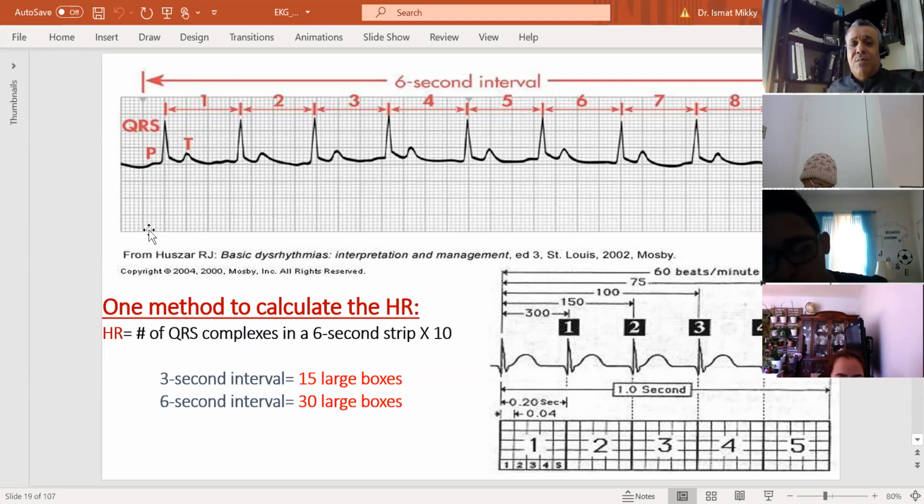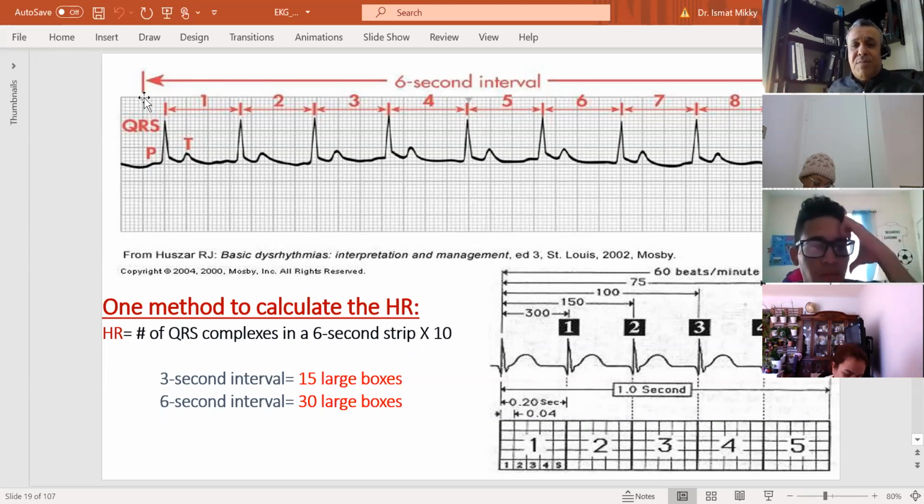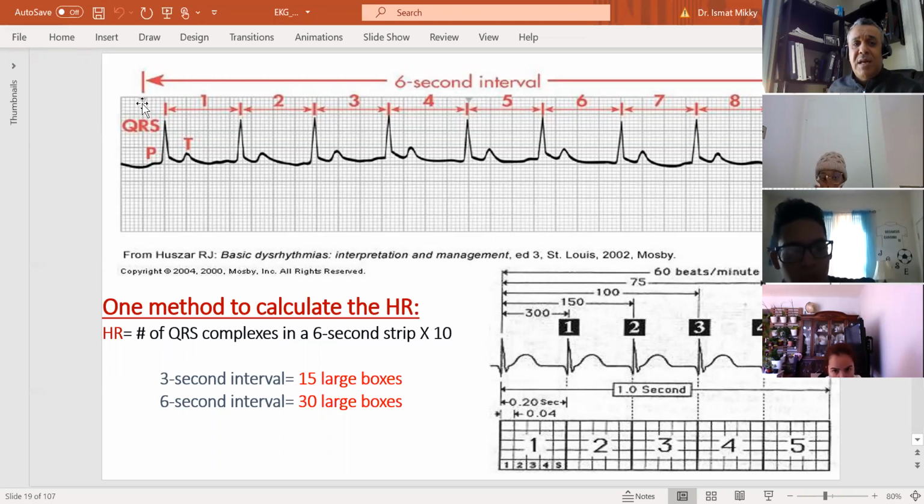If you multiply 0.2 seconds times 15, and most, if not all, EKG strips and paper are marked every 15 boxes, you will find a dot or some type of identification of the beginning and the end of the 15 boxes. So from this little dot to the other one here, you will count 15 boxes.